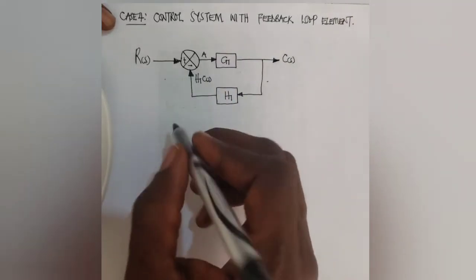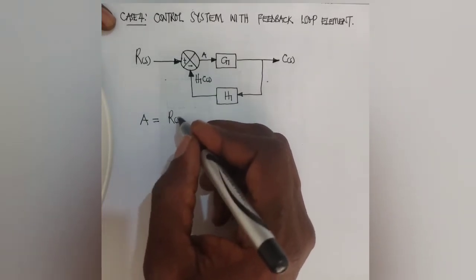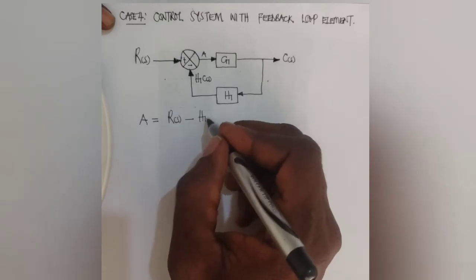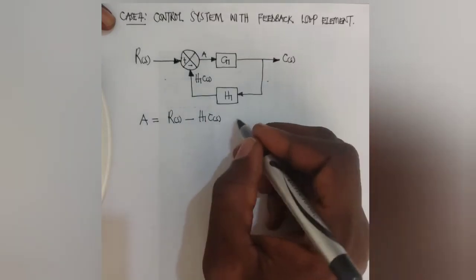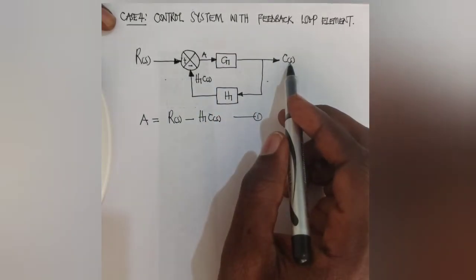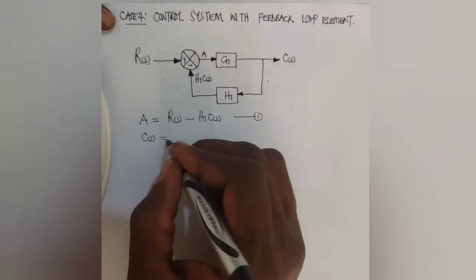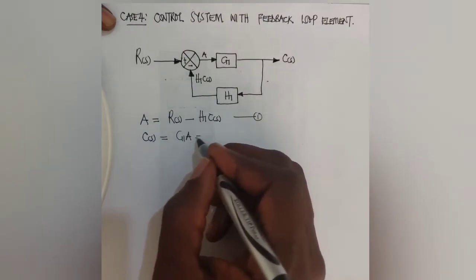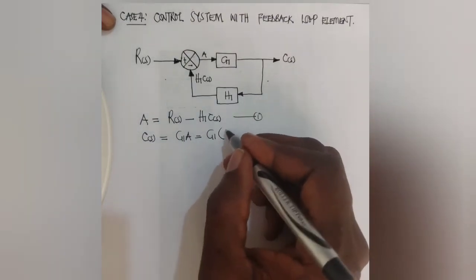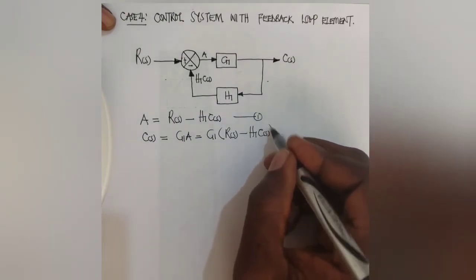So I can just easily say that my A is equal to plus of RS, then negative of H1 CS. And if A multiplies G1, I'm going to have my output signal CS. So I can say my CS is equal to G1A, and that's the same thing as G1 into bracket RS minus H1 CS.